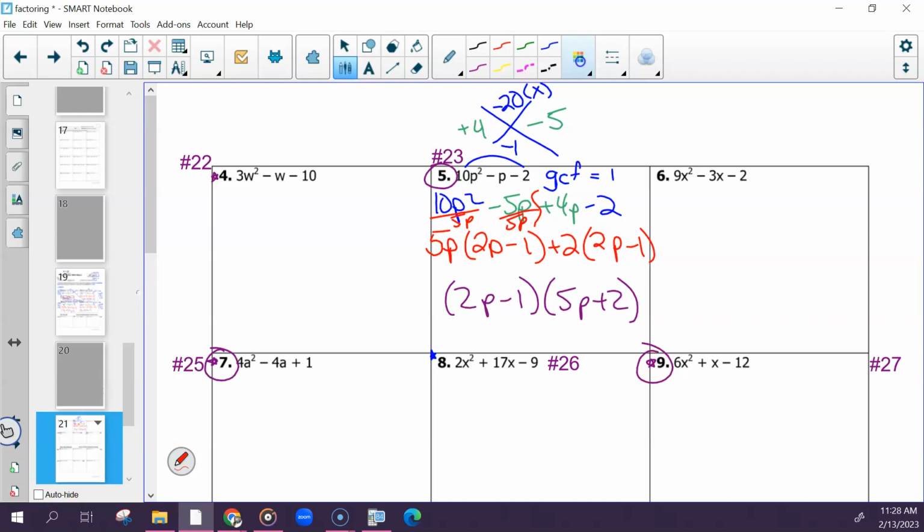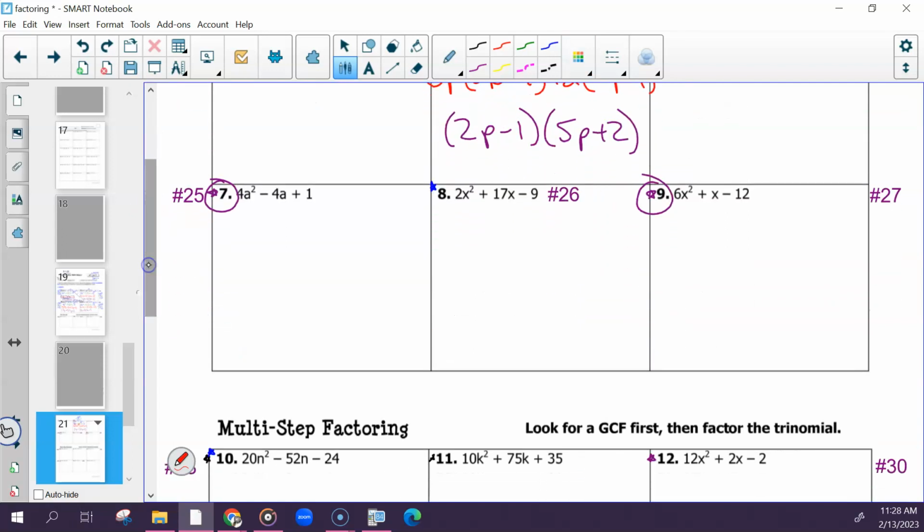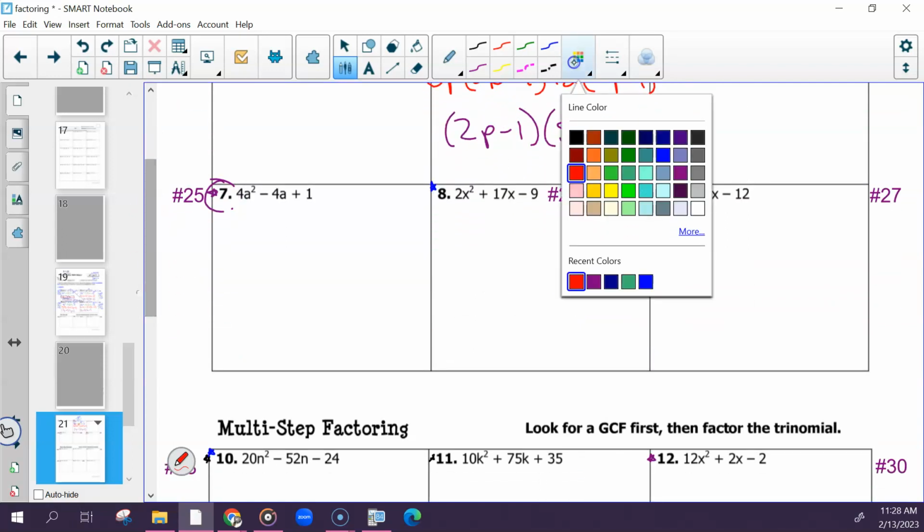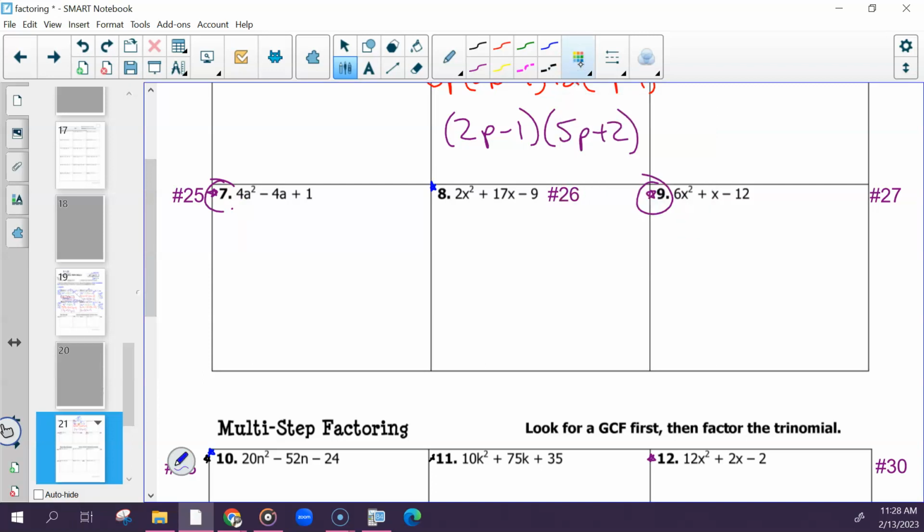Okay. On to number 7. Does this have a GCF other than 1? It is just 1. Multiply 4 and 1. 4 times 1 gives us what? 4. So we're looking for two numbers that multiply to be 4 that add to be negative 4.